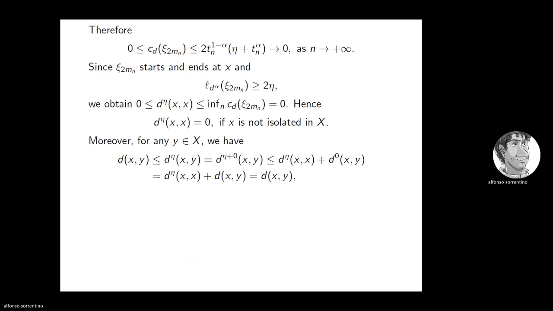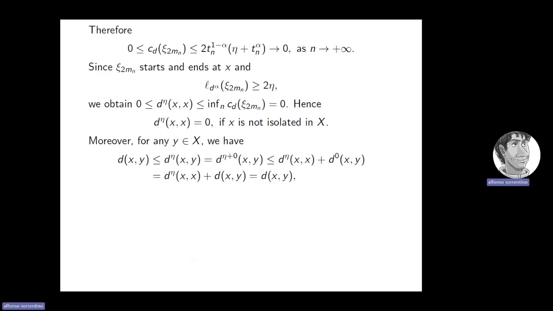Now, I still keep x not isolated, and then I can compute the concatenated cost for all other points with x. So dxy is less than d eta of xy because it's increasing. Again, we play the same trick.